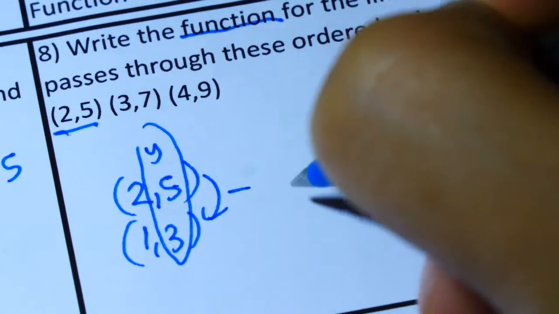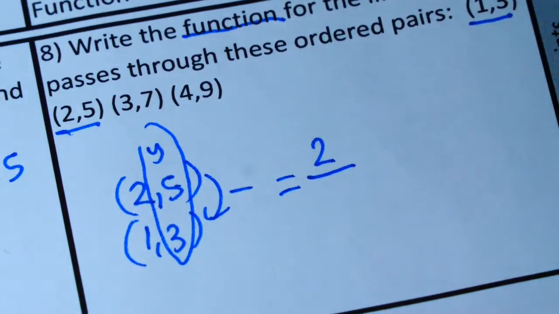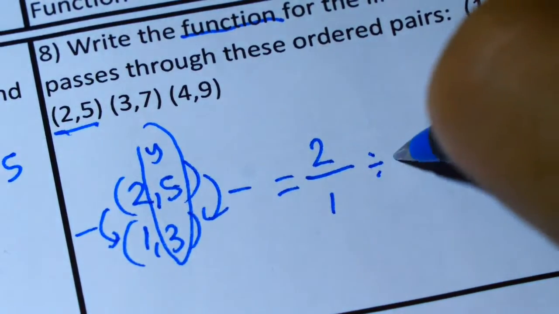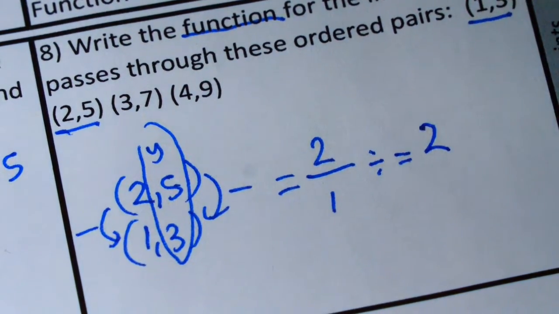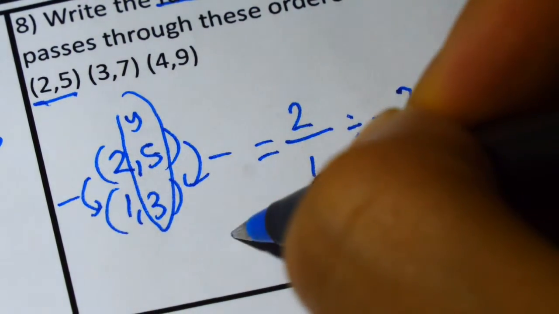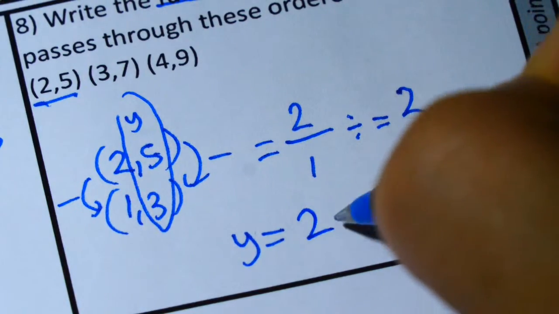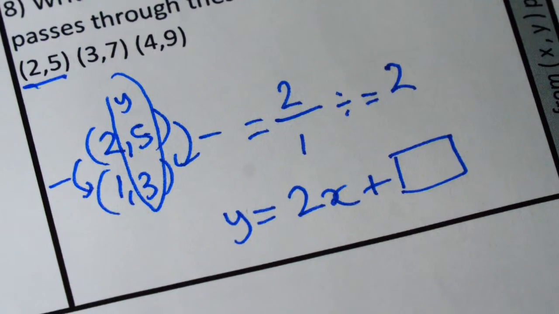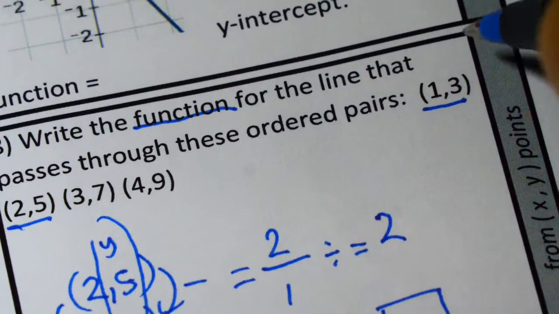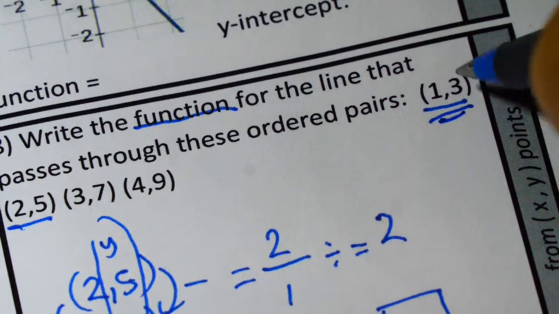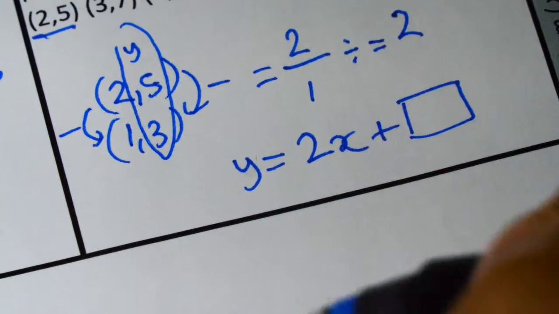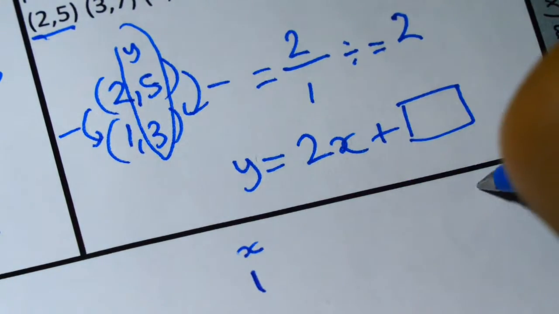Change in y. So 5 minus 3 equals 2 over 2 minus 1, 1. 2 divided by 1 is 2. So our slope is 2. So we know the function starts with y equals 2x plus something. We don't know what this plus something is. So let's pick one of these points. I'm going to pick this point here. Our x is 1 and our y is 3.